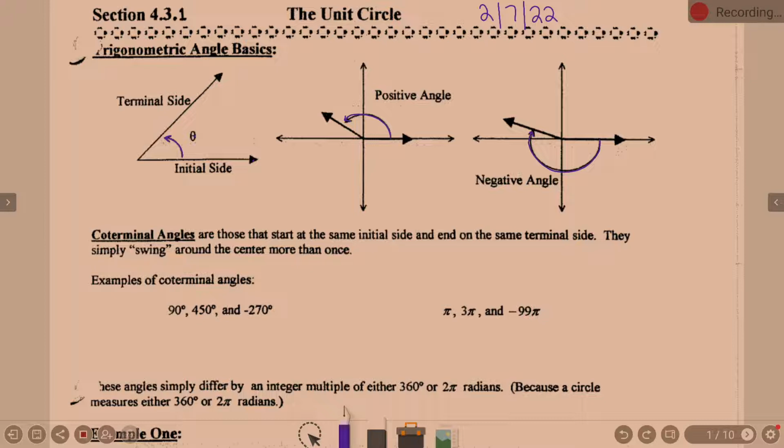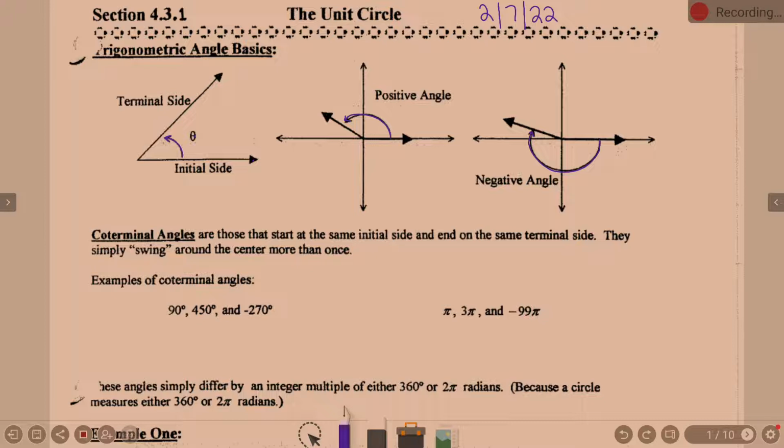So we're going to talk about coterminal angles. So that's a good vocabulary word there. Coterminal angles are those angles that start at the same initial side and they end on the same terminal side, but they simply swing around the center more than once. Or maybe they go around the center the opposite direction. So leading to the idea of coterminal angles, multiple different names for one angle.